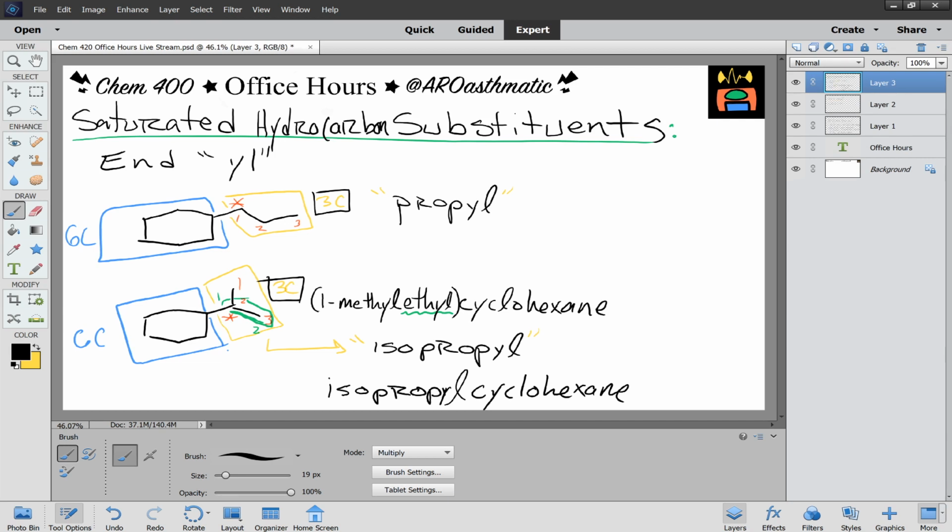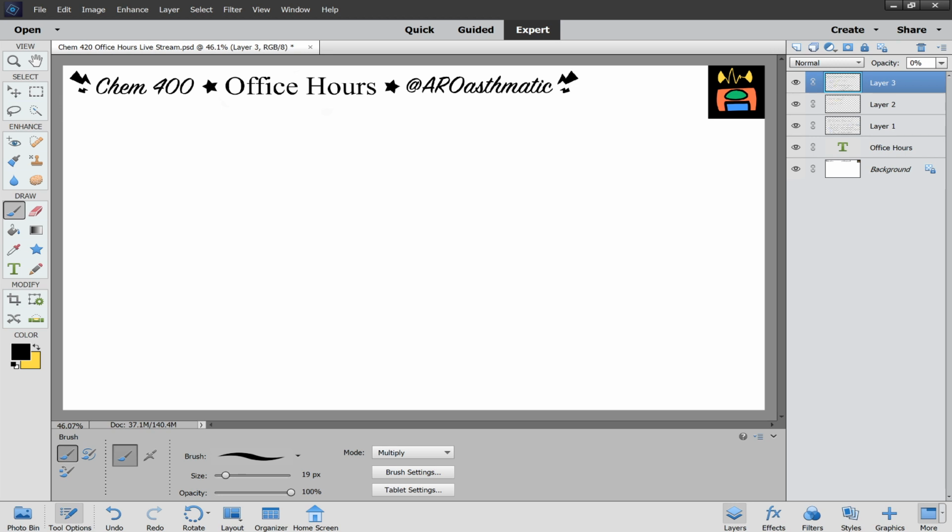Let me know what you're feeling. All right, so that's where isopropyl comes from. It's essentially a propyl side chain, but the point of attachment to the main chain is on the second carbon as opposed to the first.